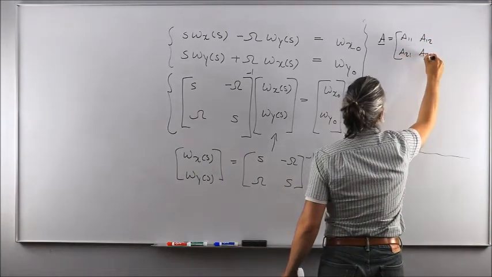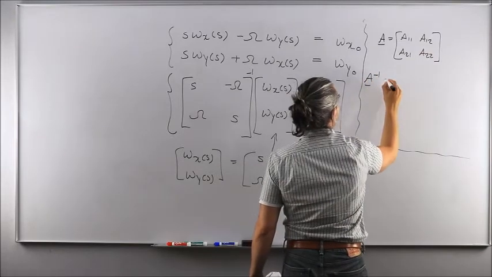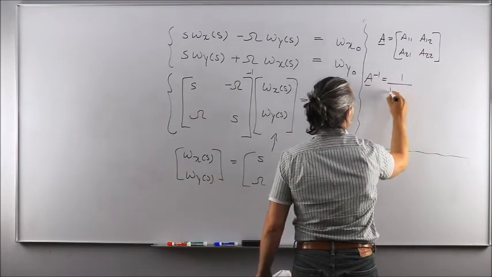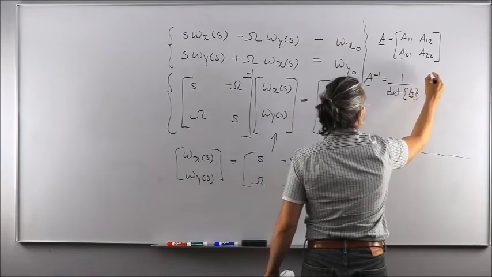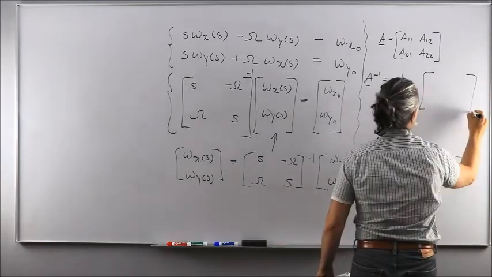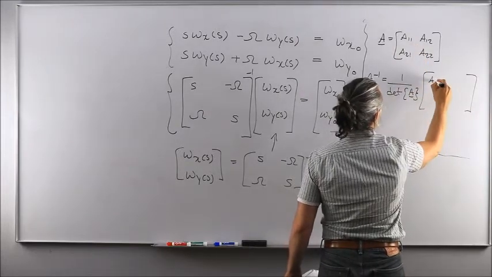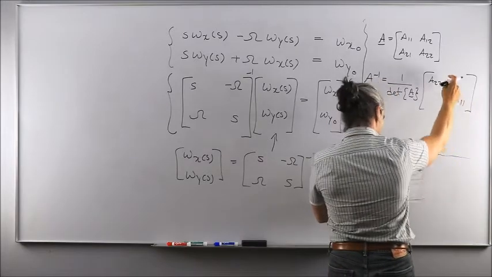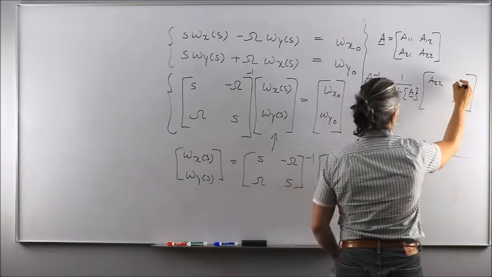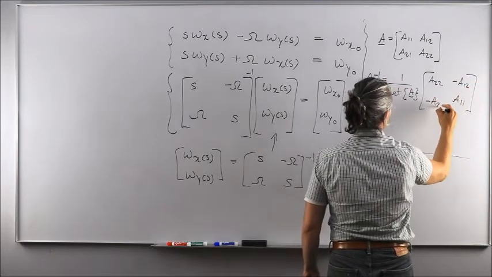Okay, so if you have a random matrix A, I'm going to denote with A11, A12, A21, A22. We know that the inverse of that is going to be equal to 1 over the determinant of this matrix A times 2 by 2, where those two terms are flipped around, A22, A11, and those two other terms are simply multiplied with minus 1, minus A12, minus A21.